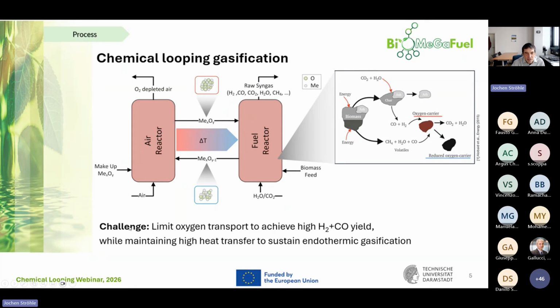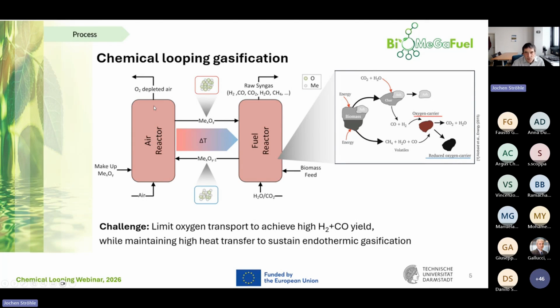This challenge is faced by limiting the air input into the air reactor. So we have only a partial oxidation of the metal oxide. And by this, we can maintain the high circulation between the reactors, but limit the transfer of oxygen.